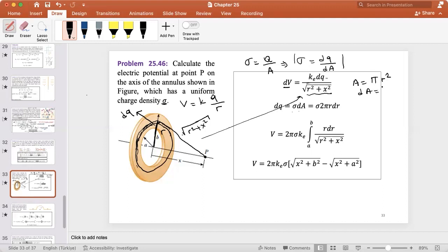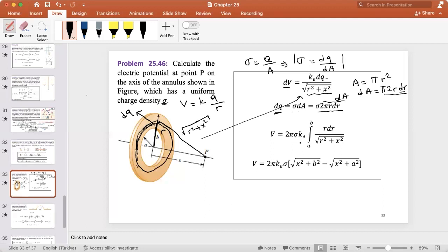Of course, pi 2r and don't forget that dr. We will still need to use this part. So instead of dA, you will write this one, and instead of dq, you can use this form. So now we will put all the information here.